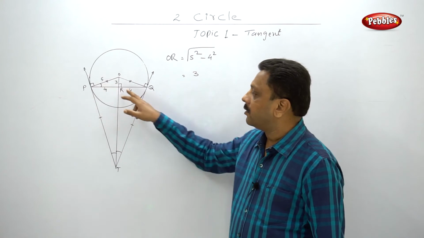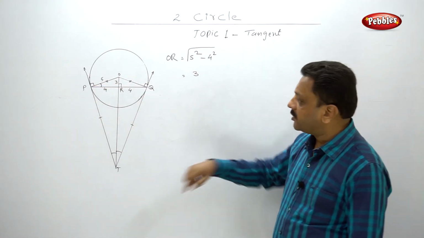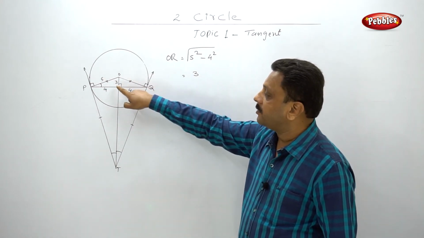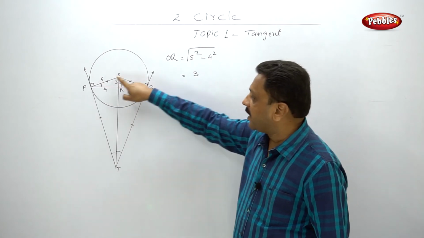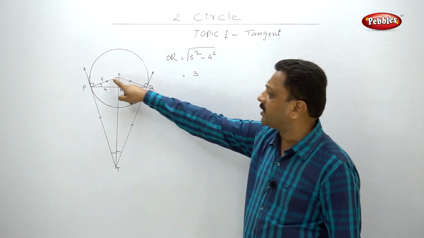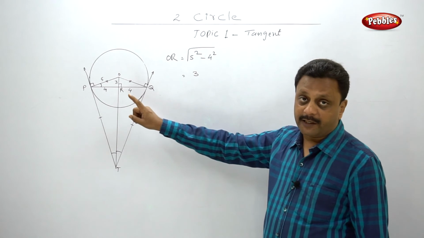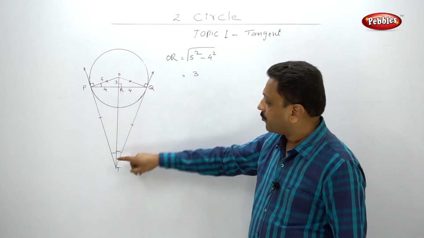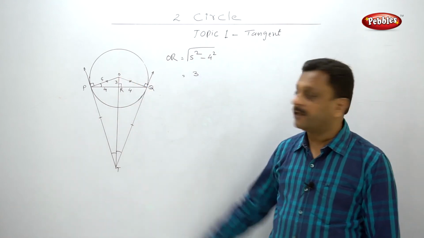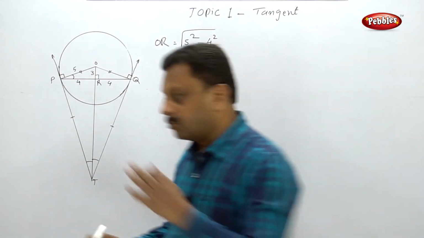One angle is there, the right angle, so one more angle must be congruent. Can we say that here in this smaller triangle, this is 90 degrees, the base angle, so this angle plus angle O is equal to 90 degrees. And in this bigger triangle, this angle T plus angle O is equal to 90 degrees. Let me elaborate this more easily.